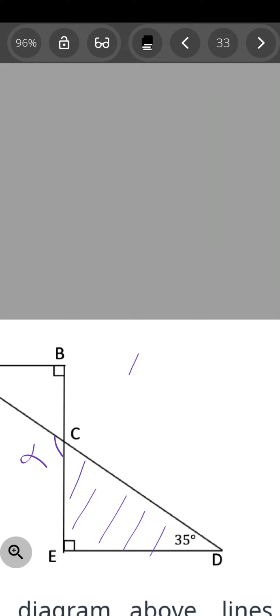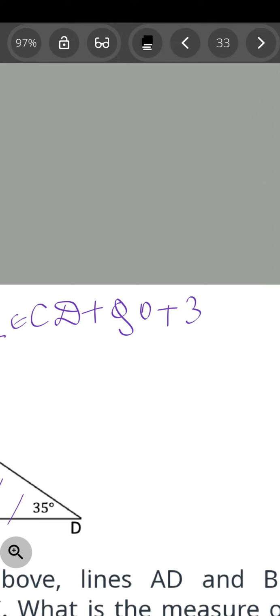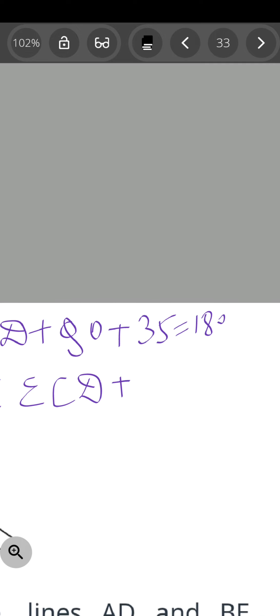We'll get that the angle ECD plus 90 plus 35 is equal to 180. And we'll get that the angle ECD plus 125 is equal to 180. Let's subtract 125 from both sides of this equation.